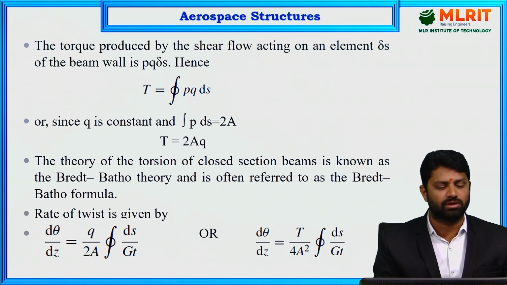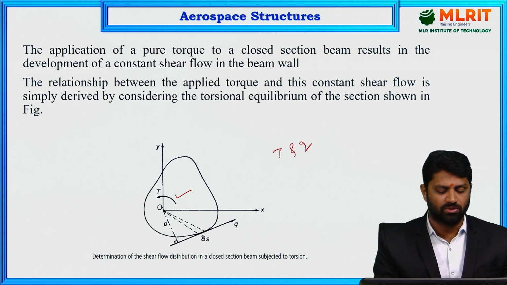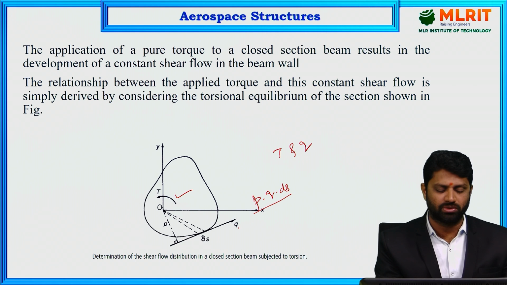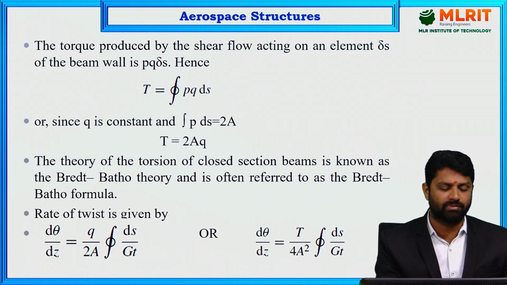The torque produced by the shear flow acting on an element ds of the beam wall is given by pq ds. Here q ds you can consider as a force, multiplied by the perpendicular distance, so this is nothing but p q ds.